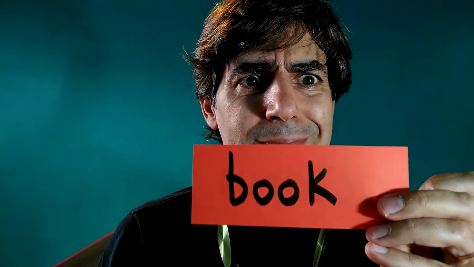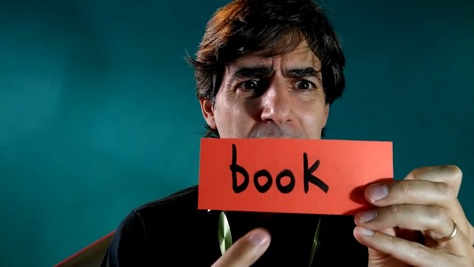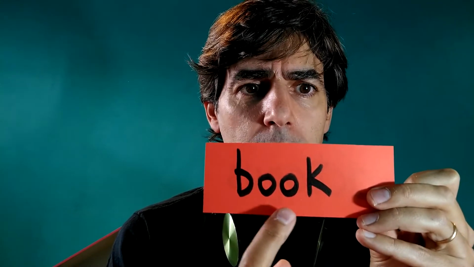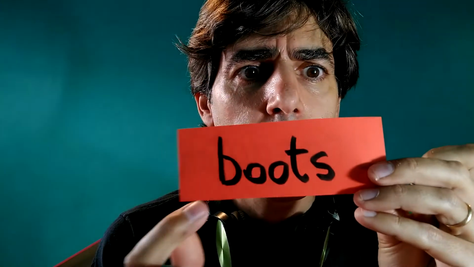Book. Oh, 2 O's together. 2 O's together. But we don't say book, we say book. What happens with boots? Boots. And I thought that O was an easy one.